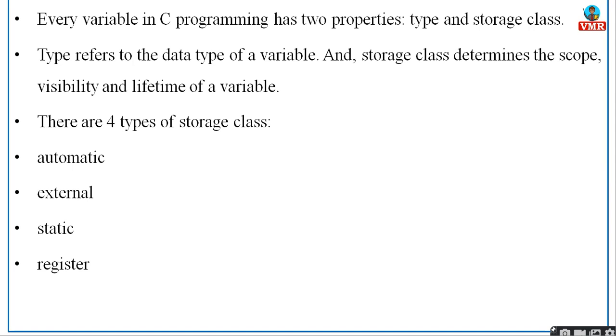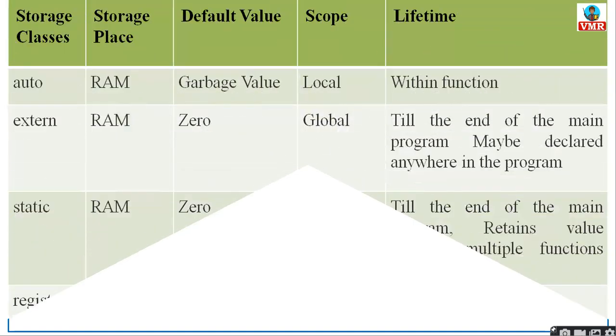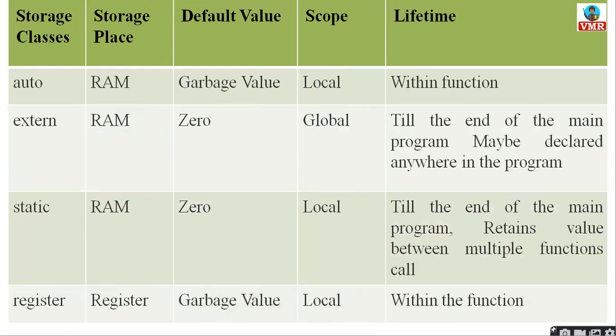For static, the same keyword static is used. For register, it is register, and for automatic, it is auto. Those are the four keywords available for the storage classes. Next, this table shows the different storage classes and the place of storage, default value, scope, and lifetime of each.